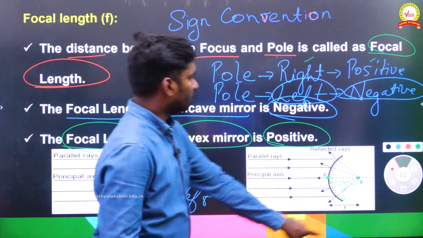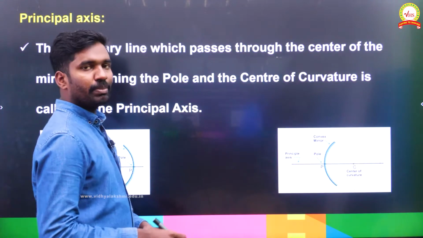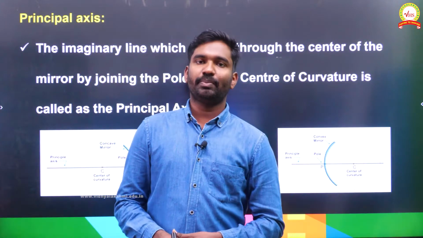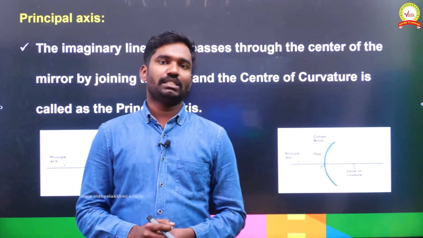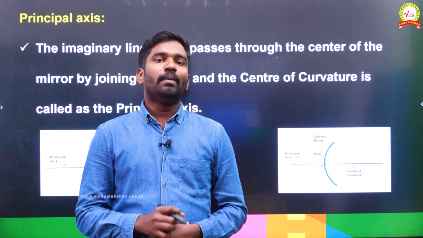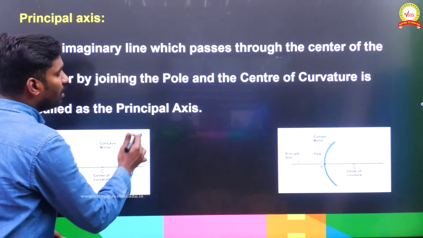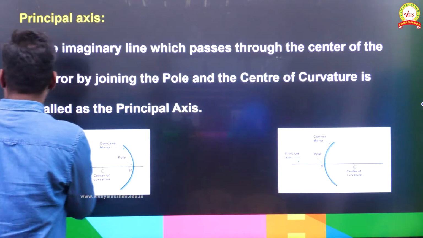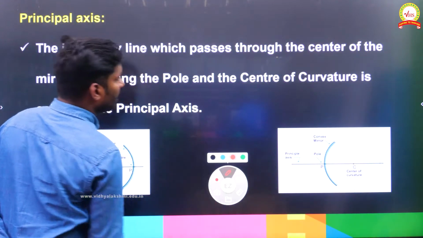Clear? The next term is the principal axis. What is the meaning of the word principal axis? It is just an imaginary line which passes through the center of the mirror by joining the center of curvature and the pole. That is called the principal axis.